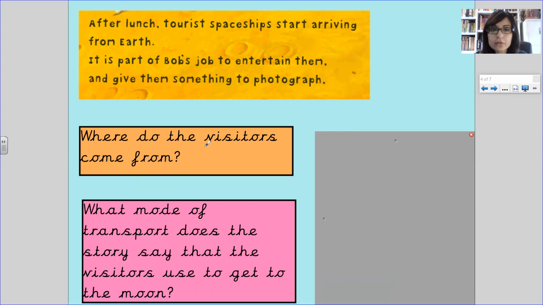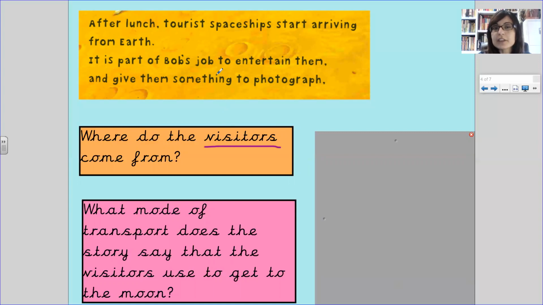Now, if I'm looking for the word visitor, I'm searching the text. After lunch, tourist spaceships start arriving from Earth. It is part of Bob's job to entertain them and give them something to photograph. Now, I haven't spotted the word visitors in the text, but I do remember that we had a lesson with Mrs. Cabela and we talked about some of the vocabulary.